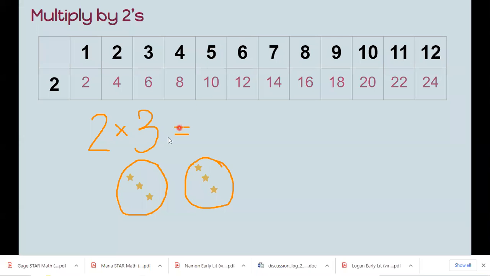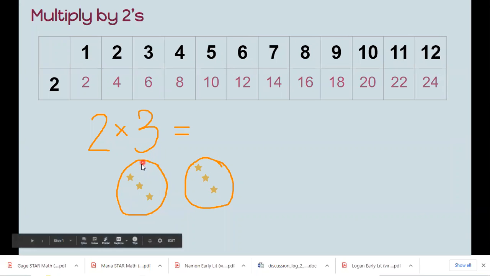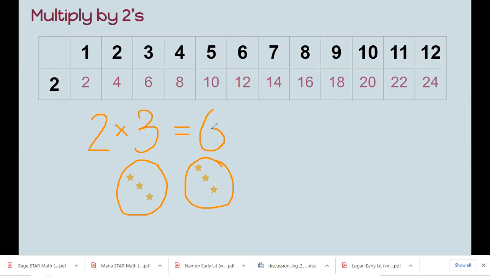Now that we've drawn a picture of two groups and 3 in each group, let's see how many stars I have altogether. Let's count. Count with me. 1, 2, 3, 4, 5, 6. Altogether, we have 6 stars. So our answer is 6.